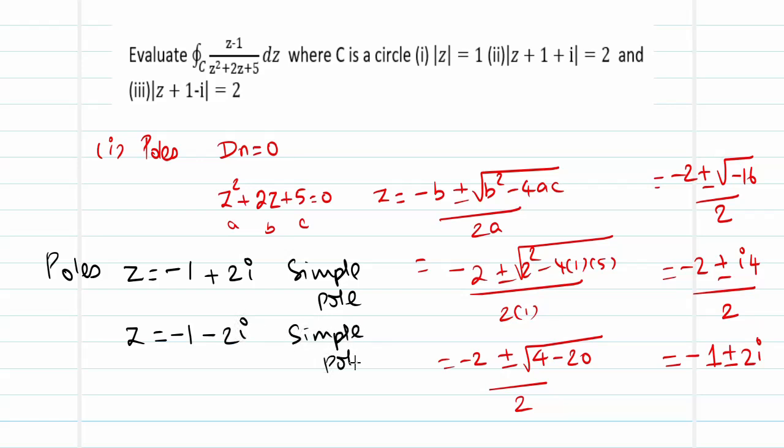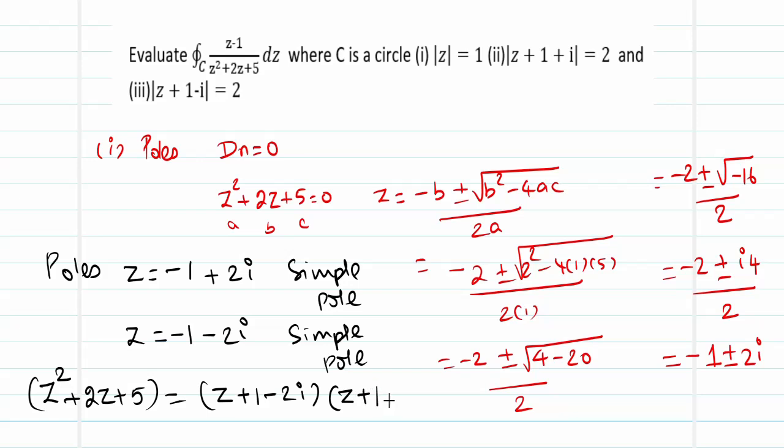So both my poles are going to be simple in nature, and hence my denominator z square plus 2z plus 5 can be rewritten in terms of these poles as z minus the first factor, so it is z minus of (minus 1 plus 2i) into z minus of the second factor, minus of minus makes it plus 2i.